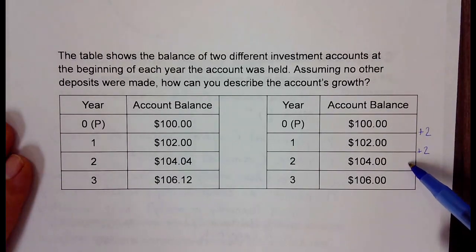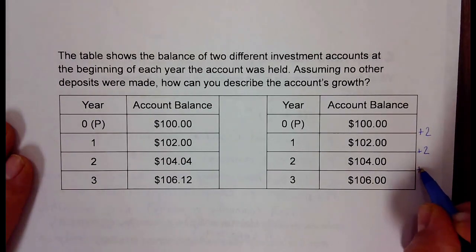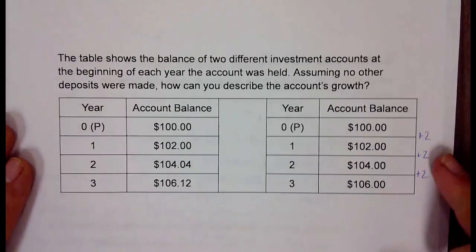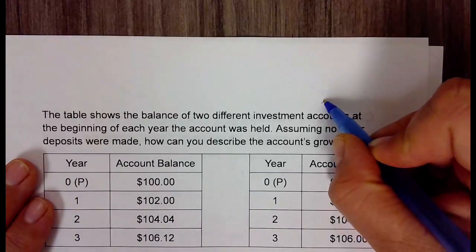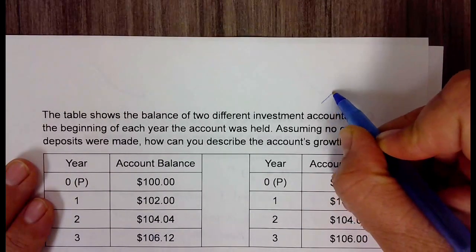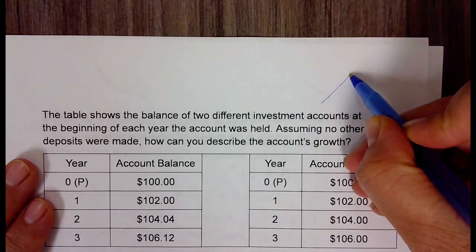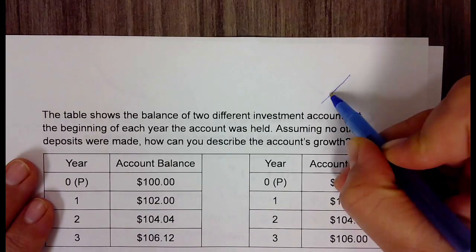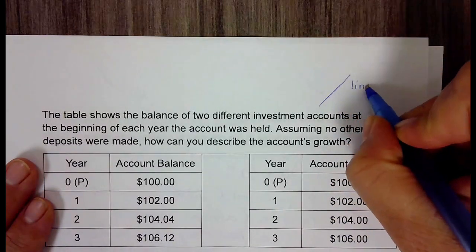And the next year, they went from $104 to $106. They added again $2 more to the account. So in this case, we see that every time the account is increasing by 2, increasing by 2, increasing by 2 in just a straight line. We call this linear growth.